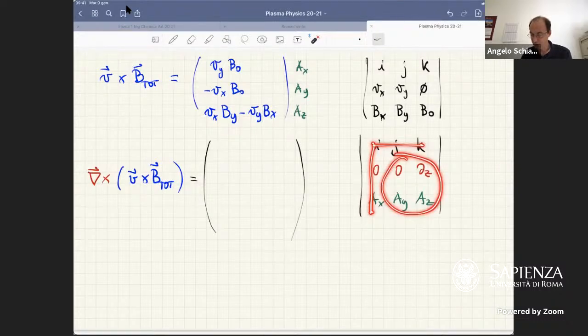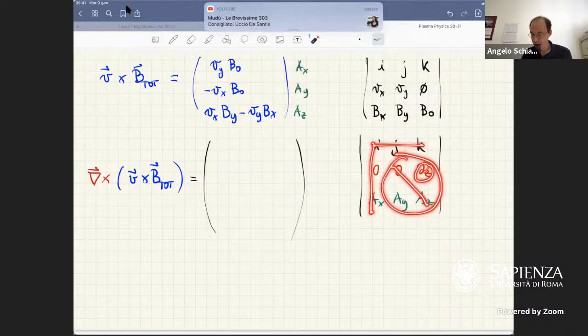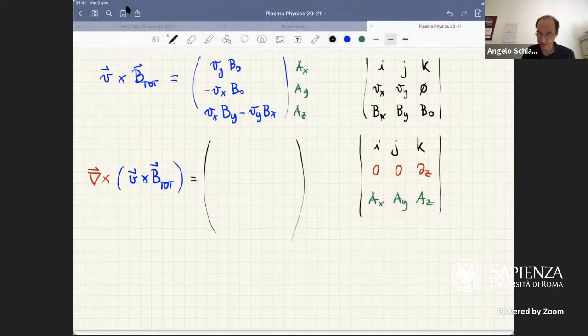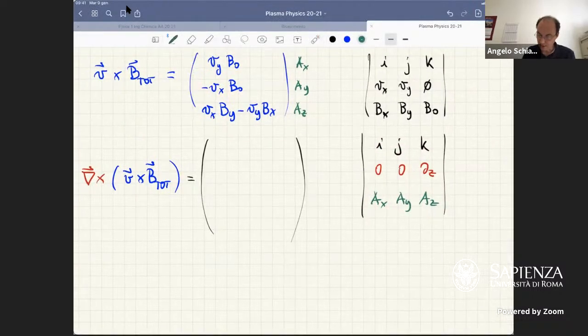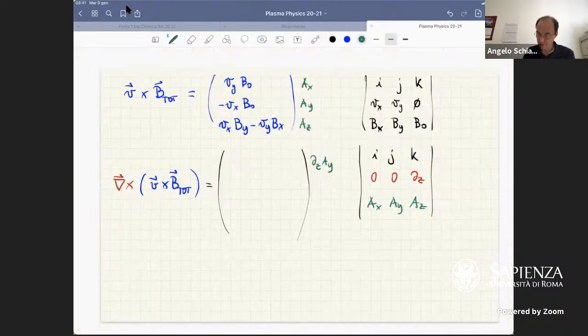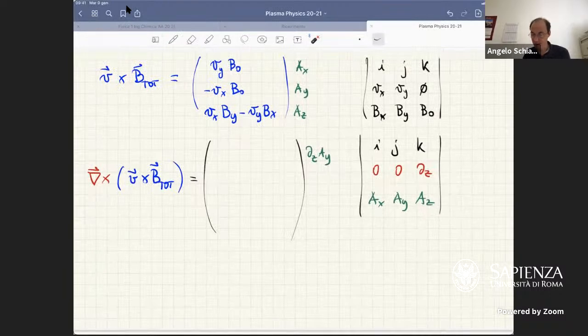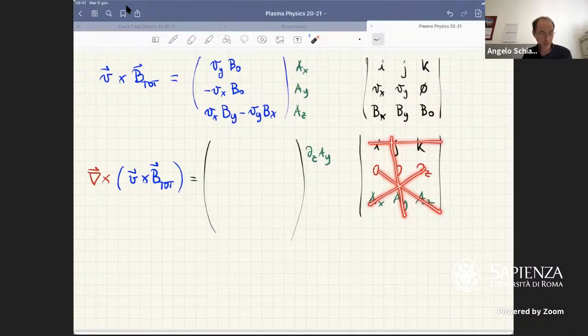So first component, let's take this determinant here, which is 0 minus dz ay. So let's write it here, dz ay as a placeholder. Then the second one is 0 minus, it was a minus as well here. Let me check.